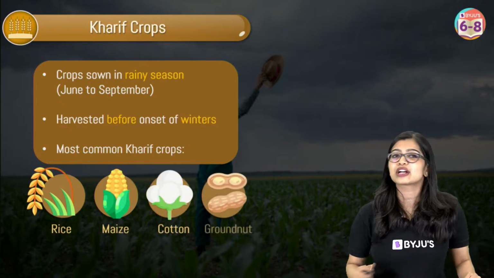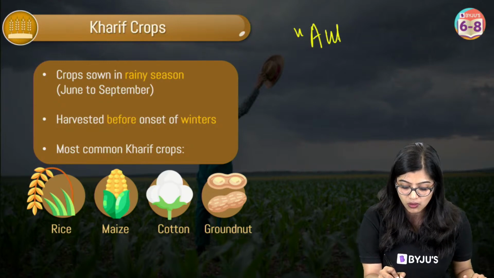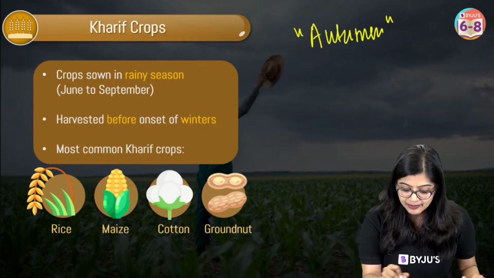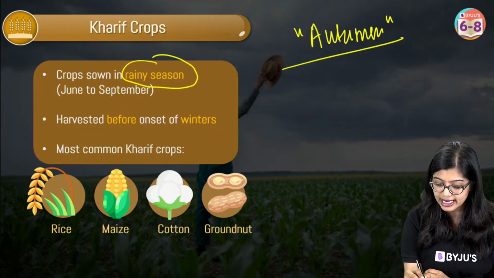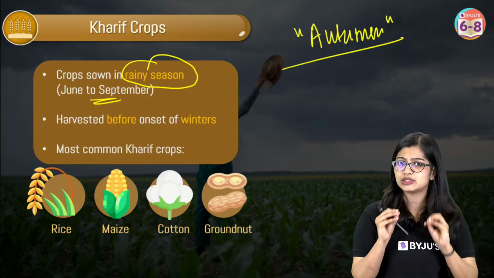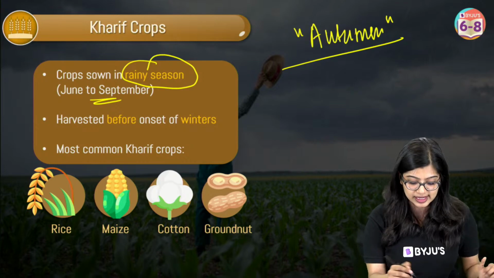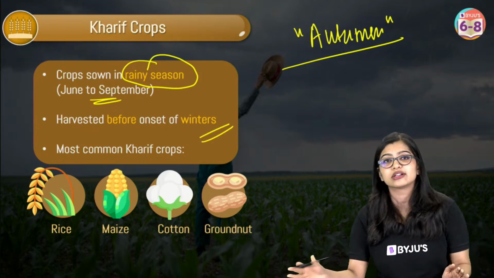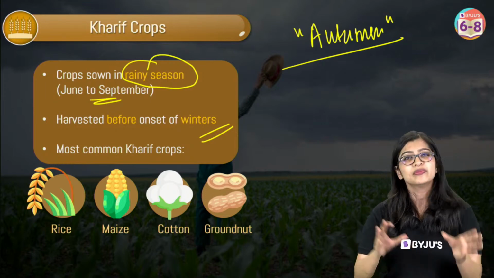Kharif comes from the Arabic word which means autumn. These are crops which are sown in the rainy season, which means around June to September the seeds will be sown. The crops will be fully grown and we can use them before the onset of winters, roughly around autumn time, around October.